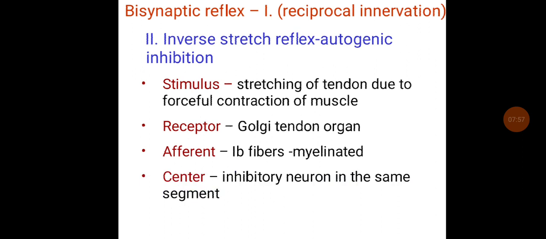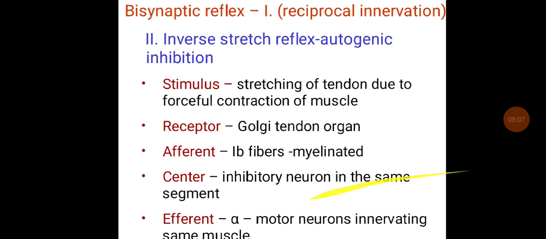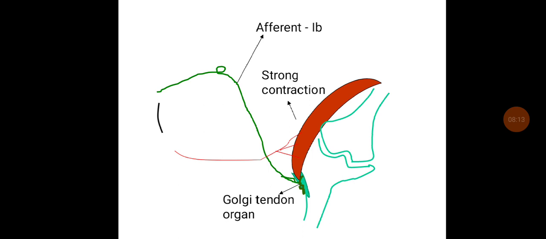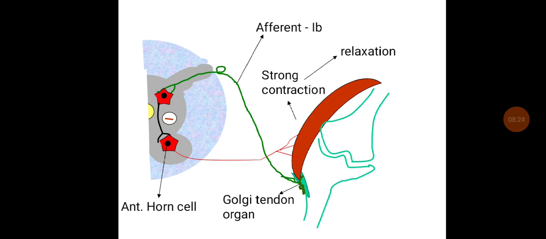Afferents are carried mainly by IB fibers, which are myelinated, and the center is an inhibitory neuron in the same segment. Efferents are alpha motor neurons innervating the same muscle. This diagram shows that when there is a strong contraction of the muscle, the tendons are stretched, and so the Golgi tendon organ sends impulses that cause inhibition of the anterior motor neurons, the anterior horn cells innervating the muscle, leading to relaxation of that particular muscle.